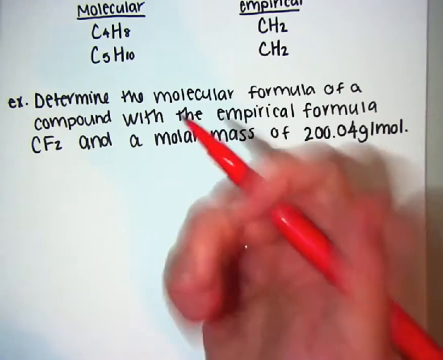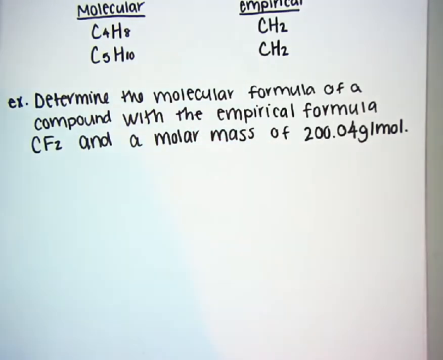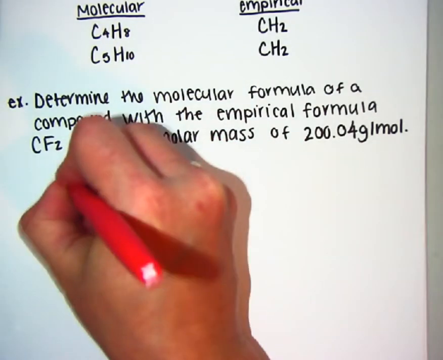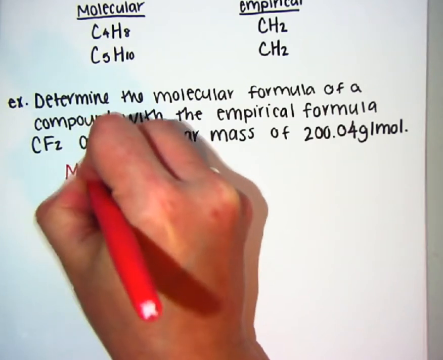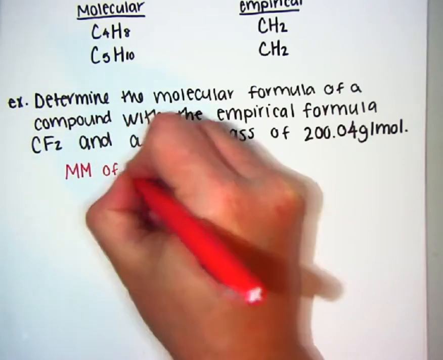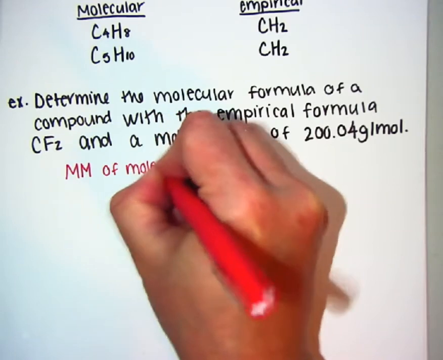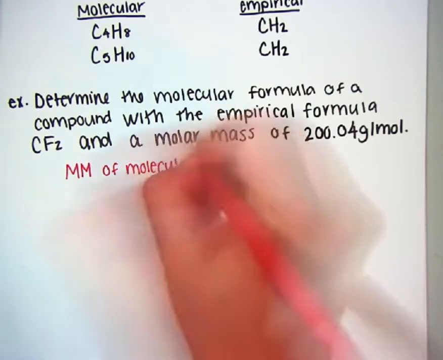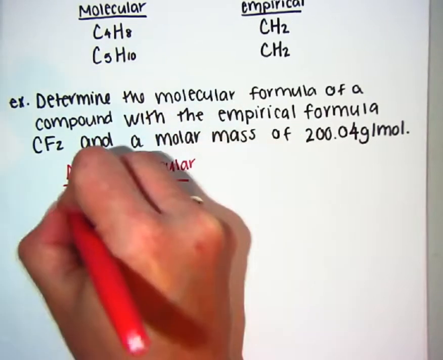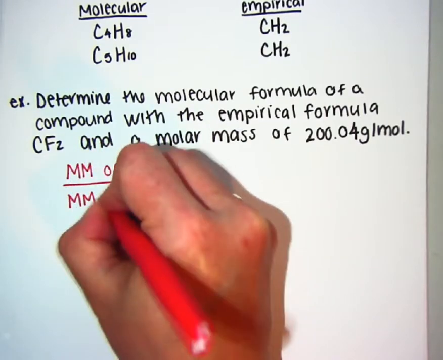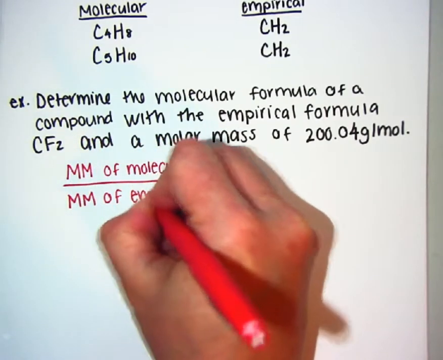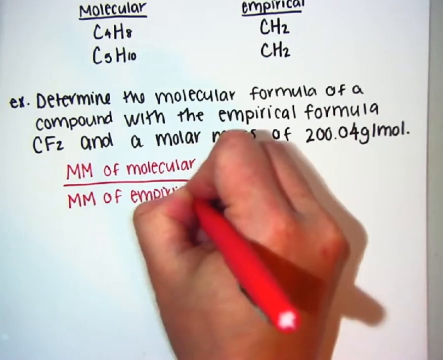So, the way that we can easily figure out this problem is by taking the molar mass of the molecular and dividing it by the molar mass of the empirical.